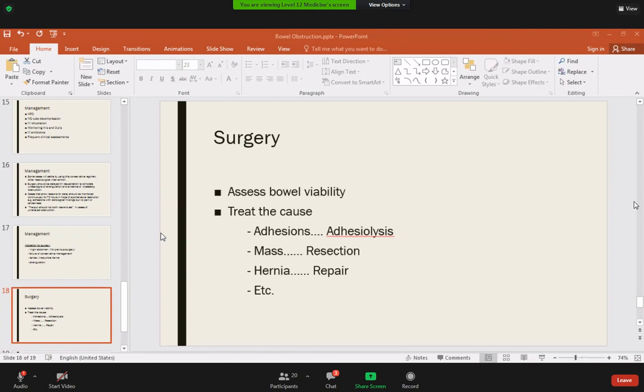Now, for adhesions, we can go for adhesiolysis, and this adhesiolysis should not be generalized. We only have to do adhesiolysis of the adhesions that are actually causing mechanical obstruction to the flow, because whatever adhesions you remove, they will come again. There is no stop to the adhesions.